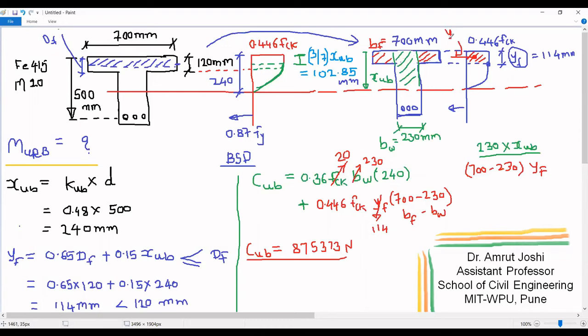Whereas for this rectangular portion marked in green, on which the entire stress block acts, the compressive force is going to lie at a distance 0.42 XU, and as XU is XUB here, I will write it as 0.42 XUB.